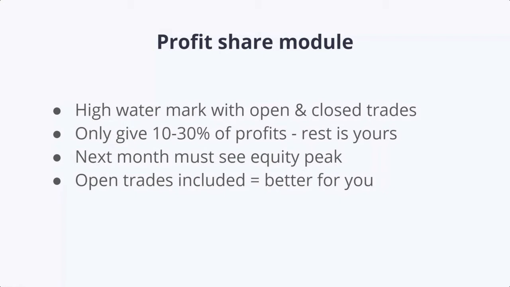The PAM from Keto Markets does use open and closed trades, by the way, but that is actually better for you that open trades are included, because there were EAs that were booking profit and closing trades with profit, but kept open trades with huge losses.